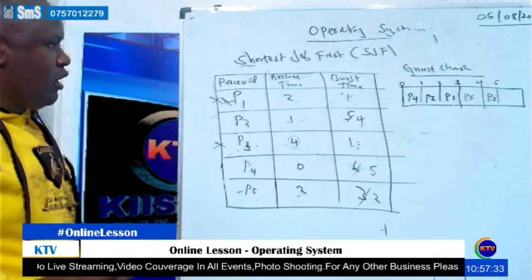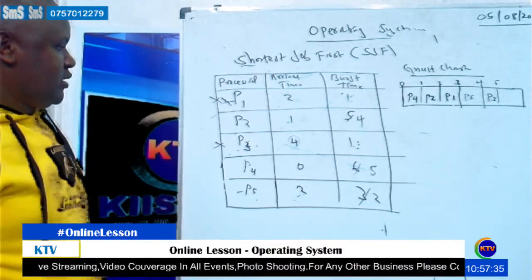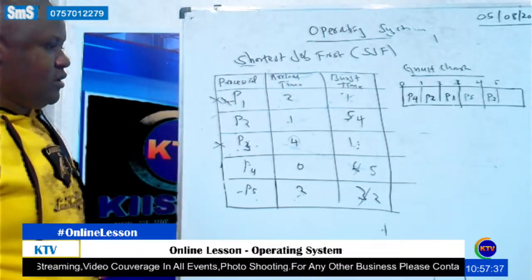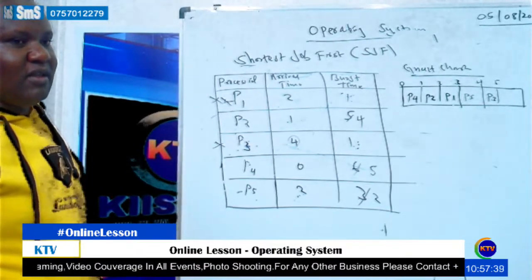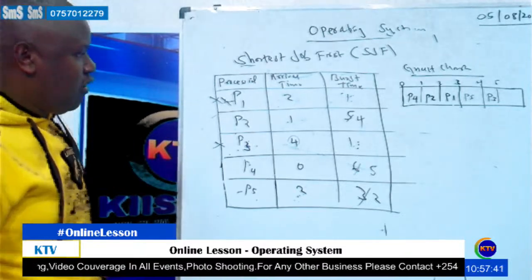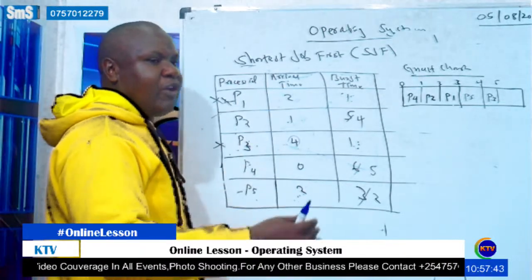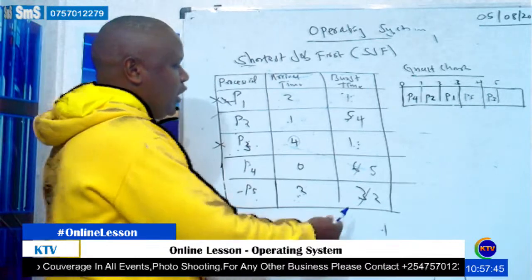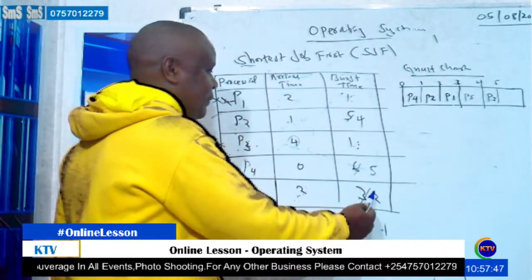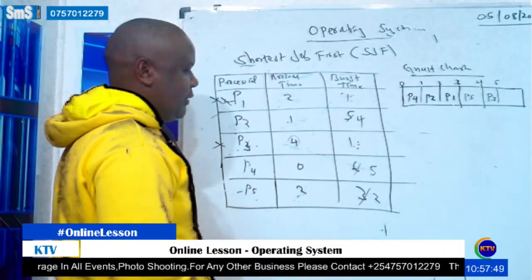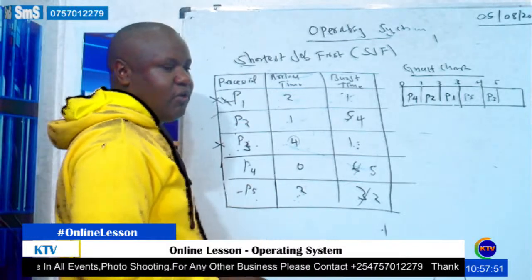Which one will be allowed in? Now, because all of them are already in the ready queue, we'll consider the past time. So process 5 will be allowed in.